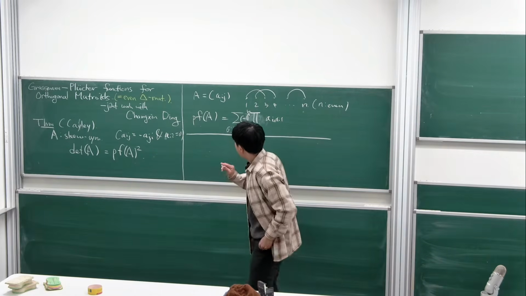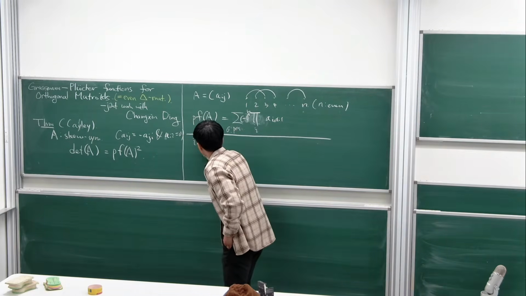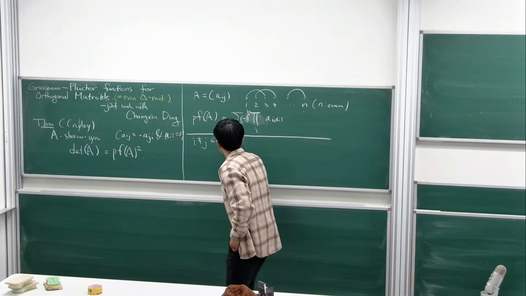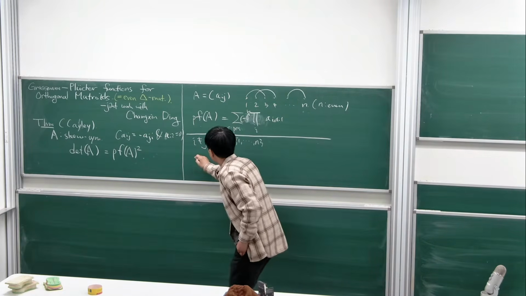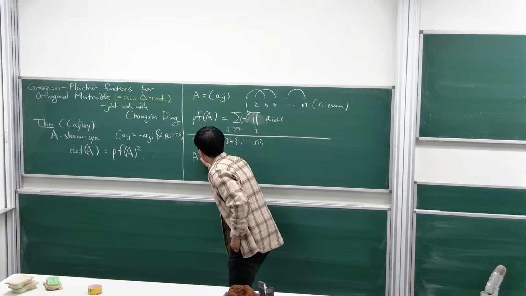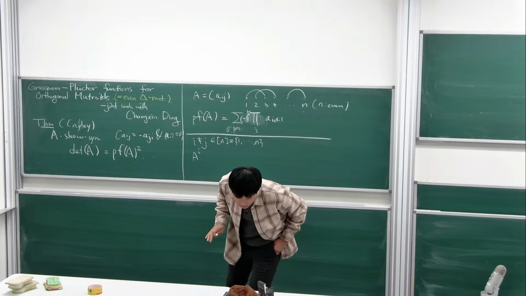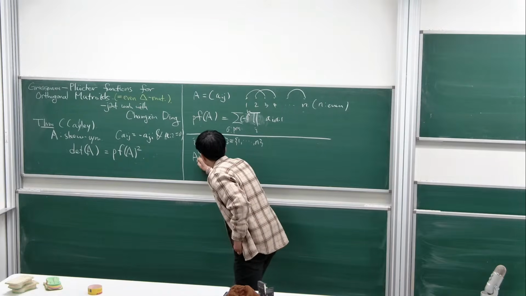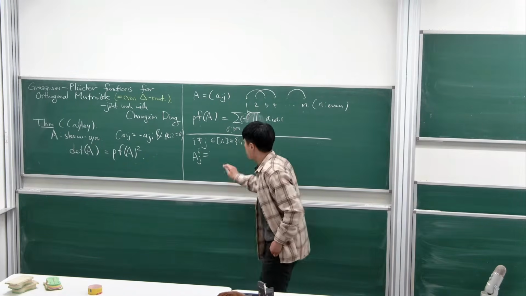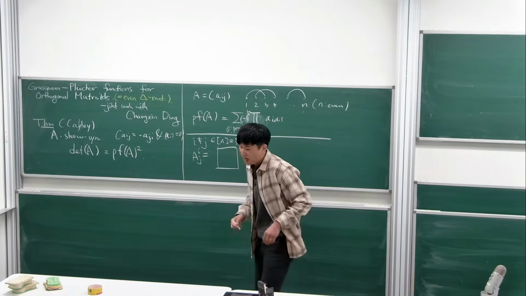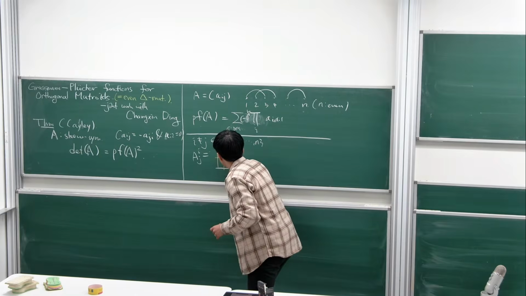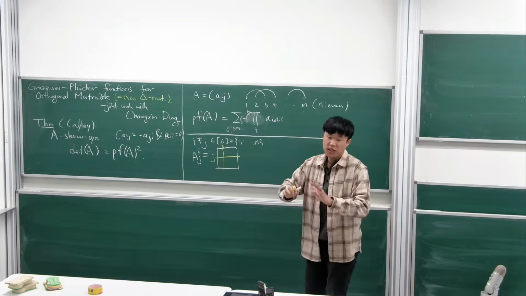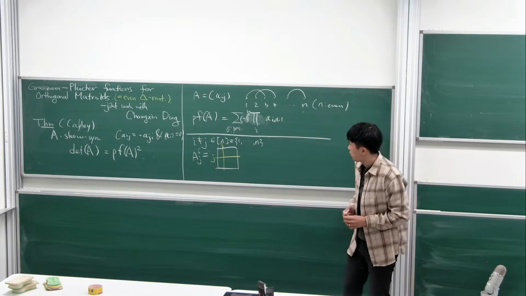Okay, let's go a little bit further. Let's fix some i and j from our ground set 1 through n, and denote by A super i sub j the submatrix of the given matrix A obtained by deleting the i-th column and the j-th row, which is just an n minus 1 by n minus 1 submatrix.